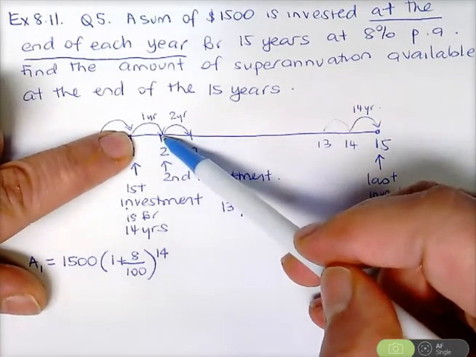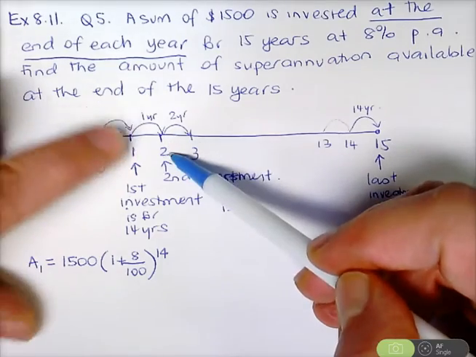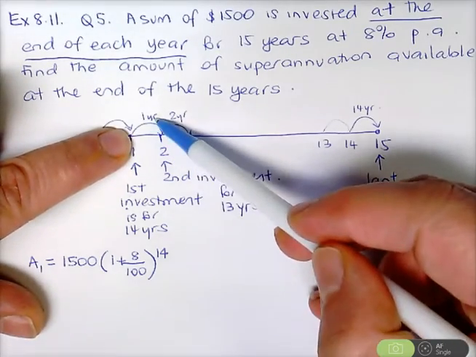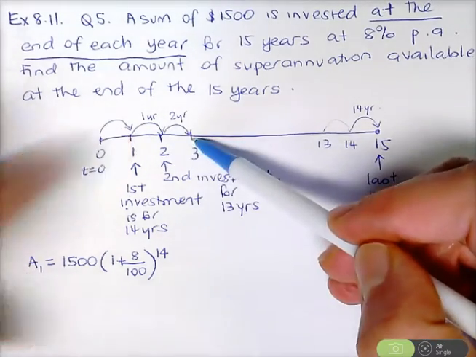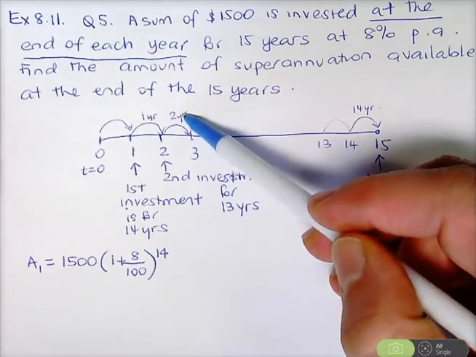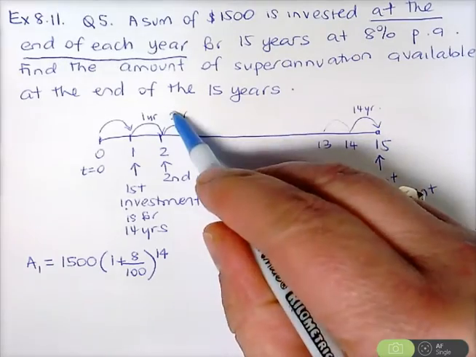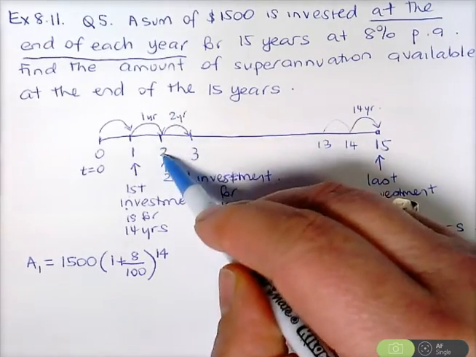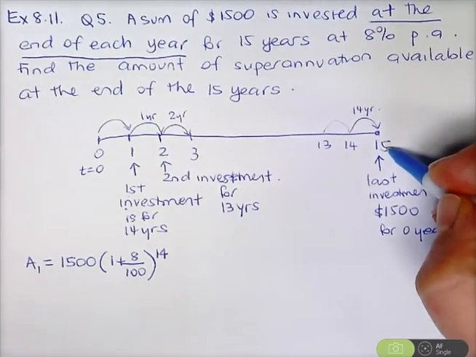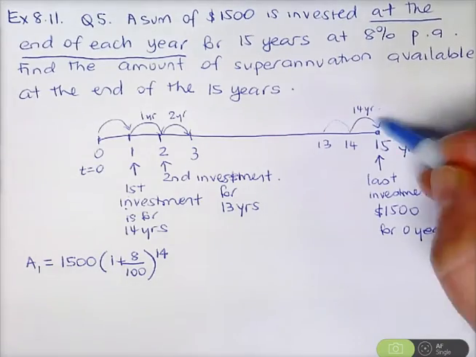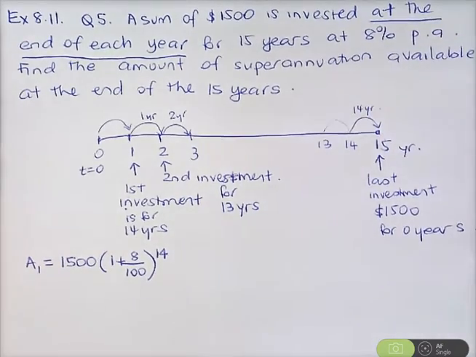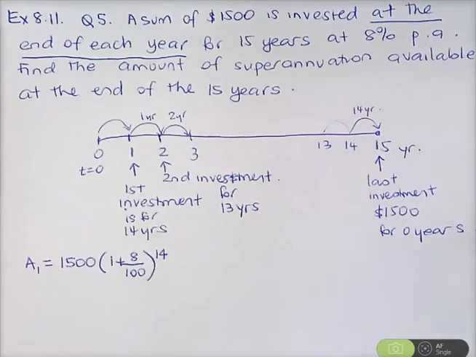So at the end of the second year, the investment has only been in there for 1 year. At the end of the third year, the investment has only been going for 2 years. So when you hit the end of the third year, that's a 2. This is the end of the second year, but that's a 1. So at the end of the 15th year, the investment is only in there for 14 years.